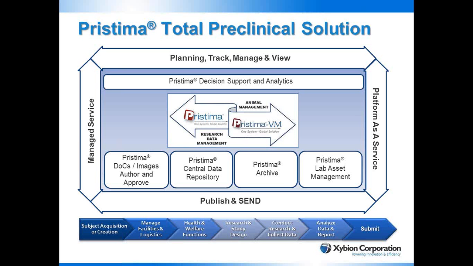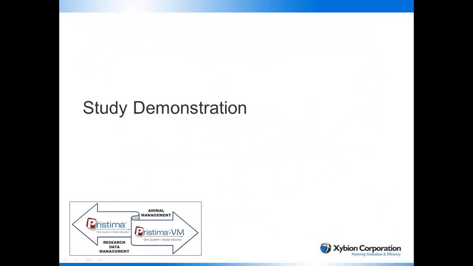So from start to finish, Pristima is really assisting companies engaged in preclinical studies with subject acquisition, managing the actual logistics and facilities, health and welfare functions, research study design, conducting of the research and the data collection, the analysis and the reporting, straight through to the submission. So again, we're going to be focusing on one specific area inside of this application, but it's important to note that this application covers a very broad area from start to finish, the entire preclinical process.